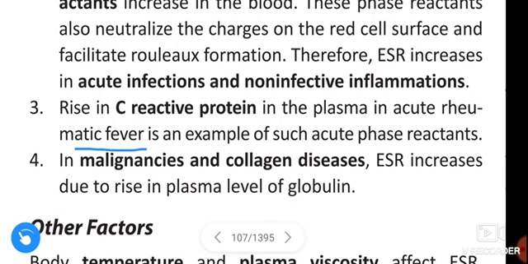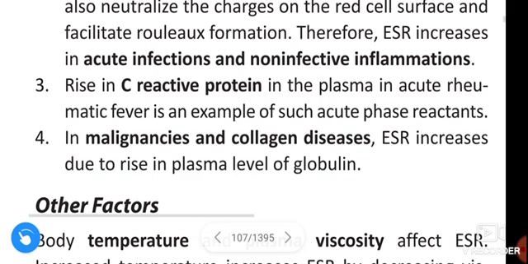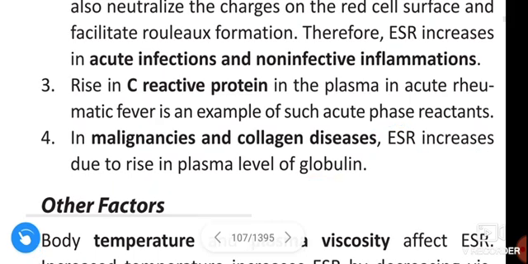Rise in C-reactive protein in the plasma in acute rheumatic fever is an example of acute phase reactants. In malignancies and collagen diseases, erythrocyte sedimentation rate increases due to rise in plasma level of globulin.